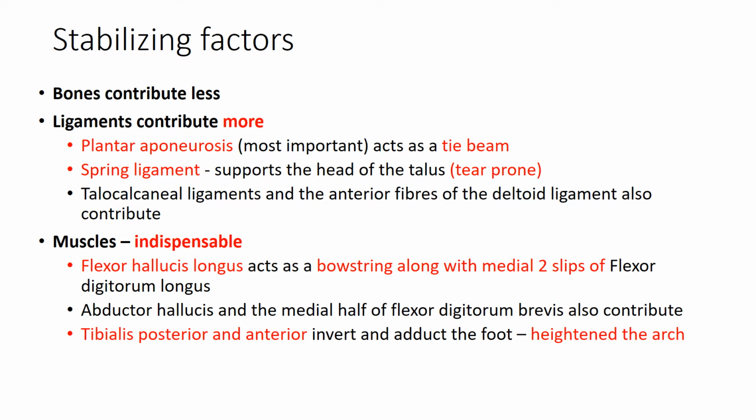The most important muscle is the flexor hallucis longus, which acts as a bowstring between the anterior and the posterior pillar, along with the medial two slips which it gives to the flexor digitorum longus as it crosses in the form of the plantar chiasma. So the flexor hallucis longus and its medial two slips to the flexor digitorum longus are the most important contributors to maintain the arch.